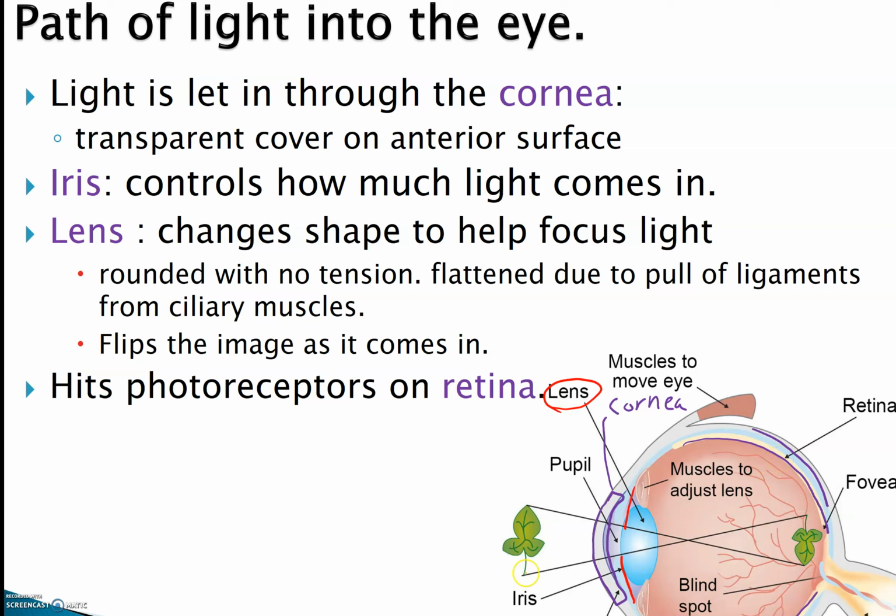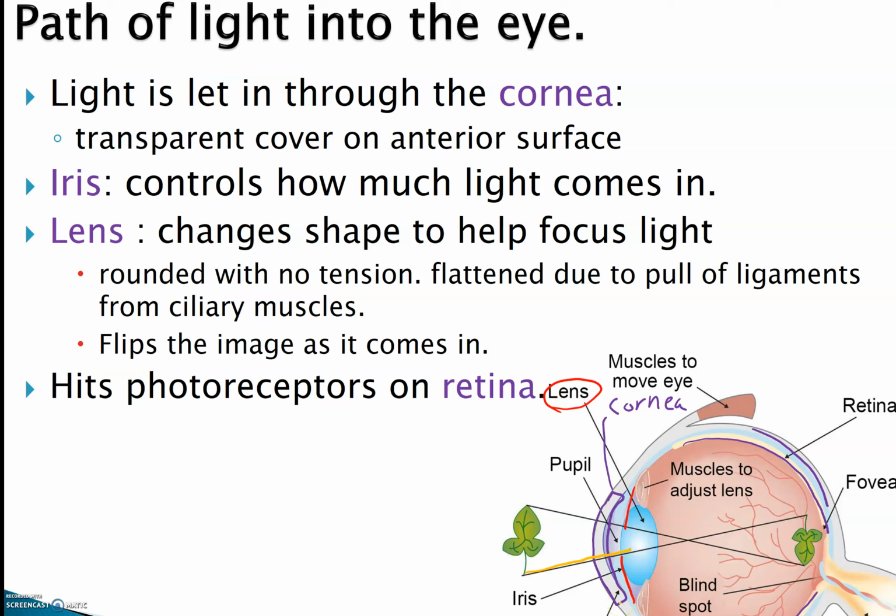It is going to first go through the cornea. So here's our light. It's going through the cornea, and that actually refracts it a little bit, so it changes the angle just slightly. And the iris controls how much light is going through. If it is bright light or a near object, the iris is going to be constricted.